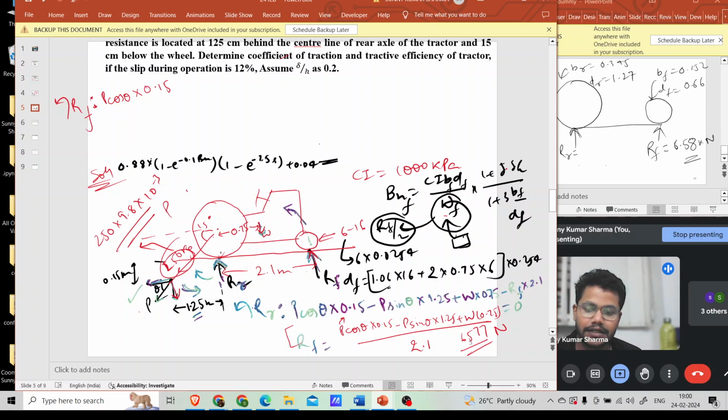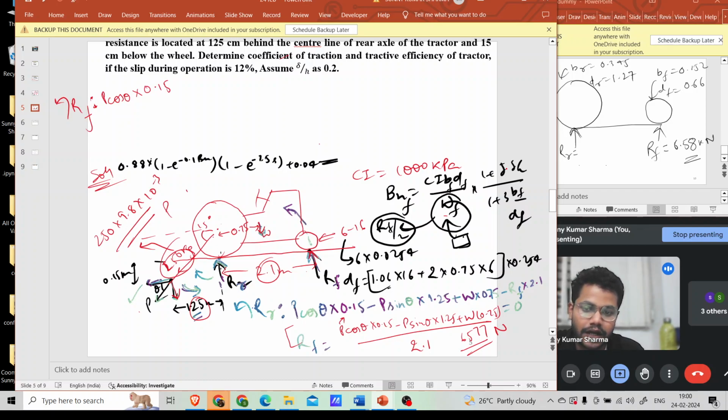It is acting from here to here, at 2.1 plus 1.25 distance. And in which direction? P sin theta is acting in counterclockwise direction, right?